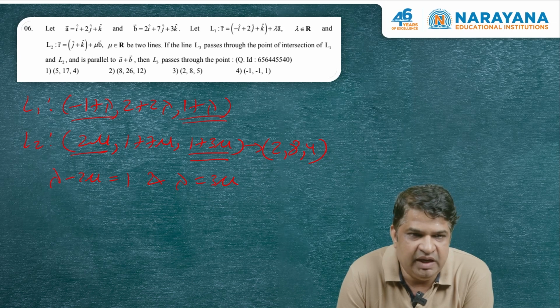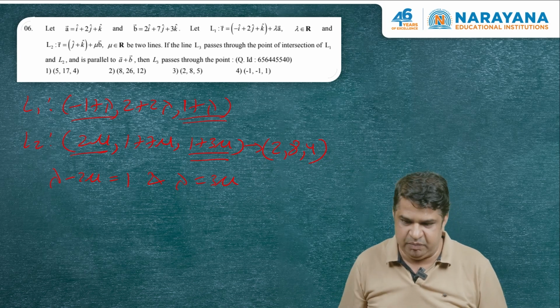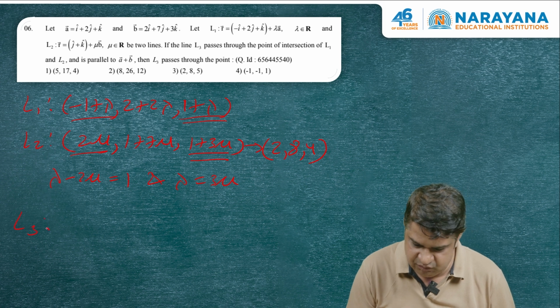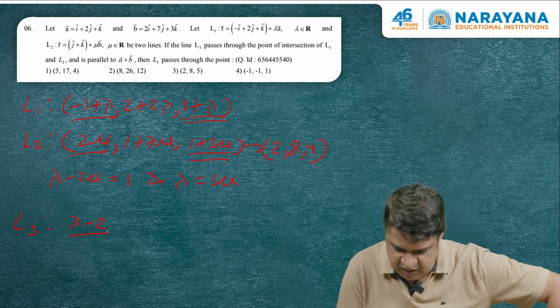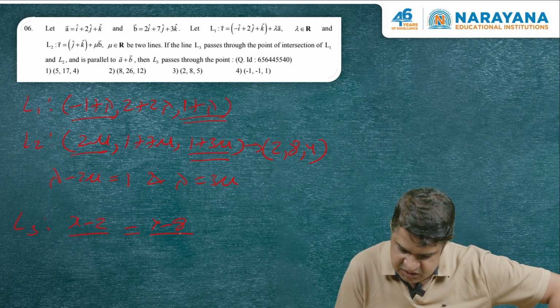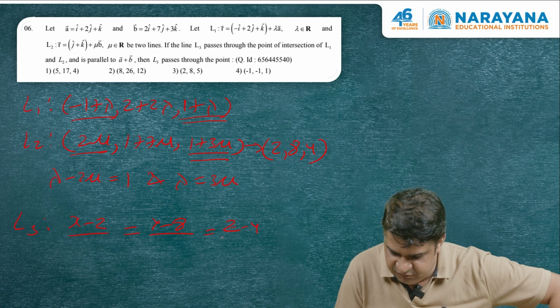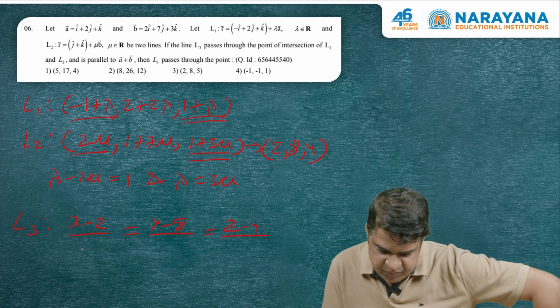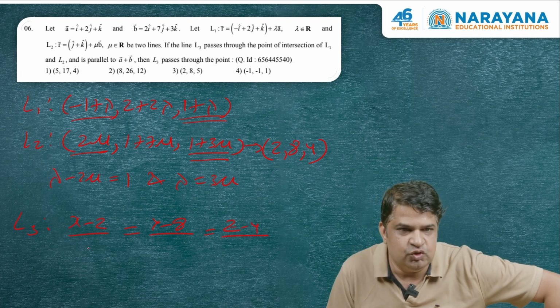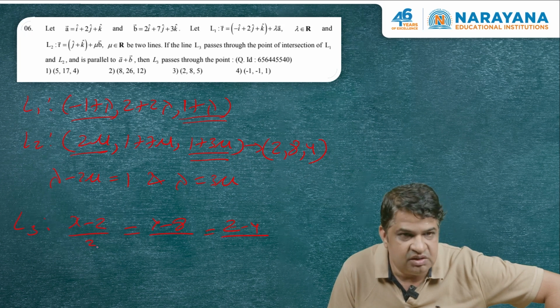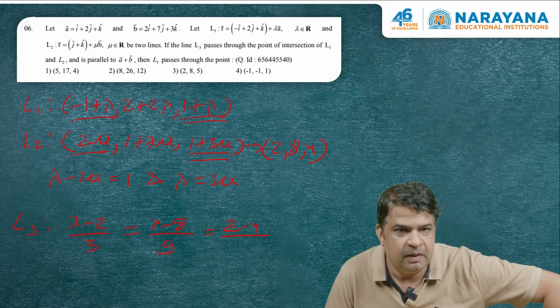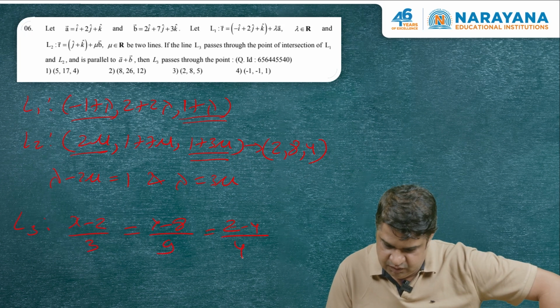Now, L3 is a line passing through their point of intersection and is parallel to A plus B. So, what is the equation of L3? x minus 2, y minus 8, z minus 4, and direction ratios of A plus B, that is 3, 9, 4.